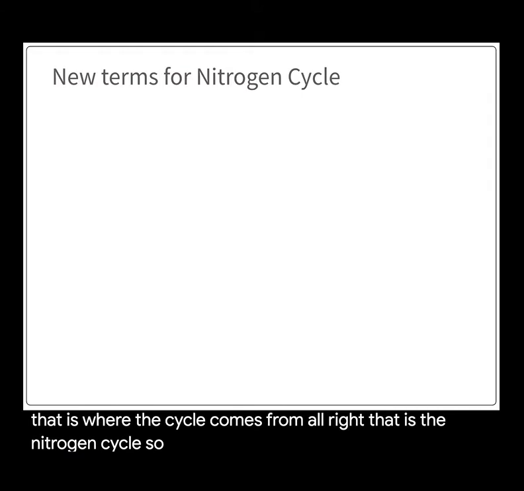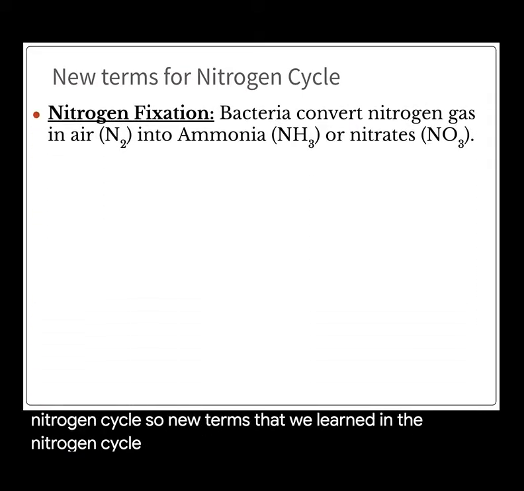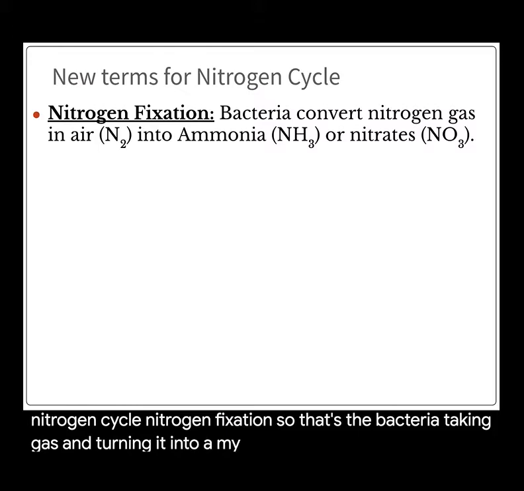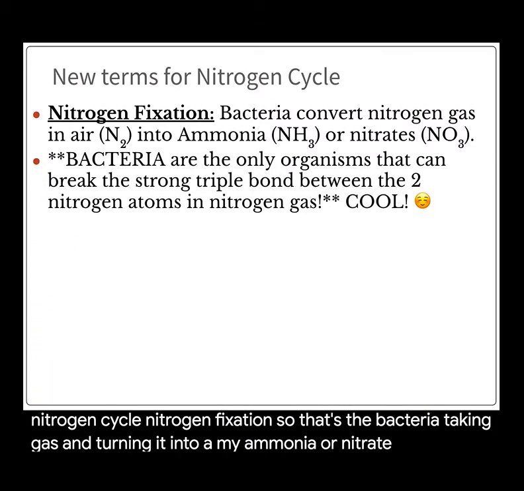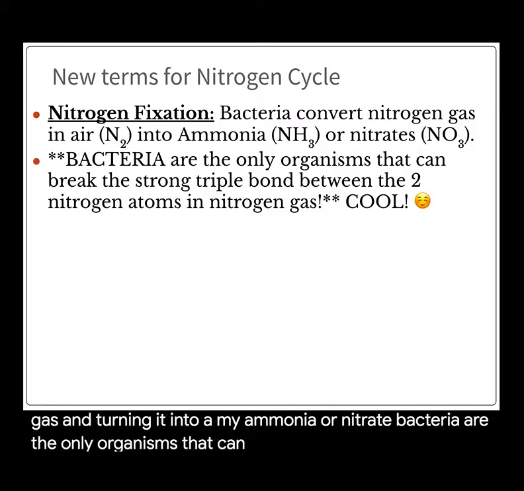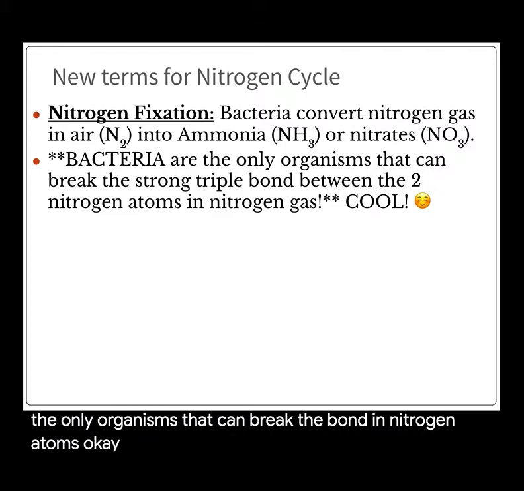So, new terms that we learned in the nitrogen cycle: nitrogen fixation. That's the bacteria taking gas and turning it into ammonia or nitrate. Bacteria are the only organisms that can break the bond in nitrogen atoms. Okay.